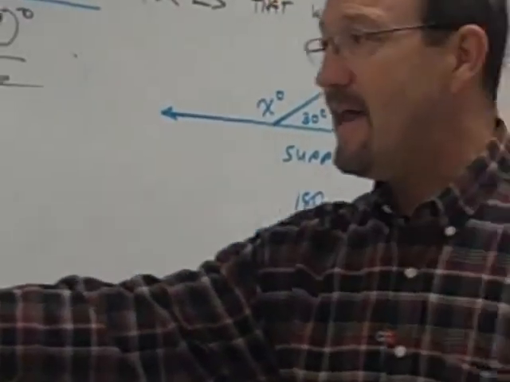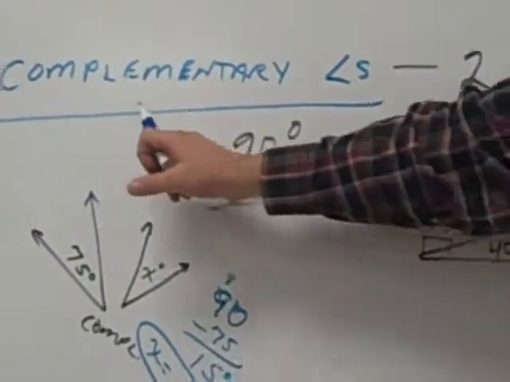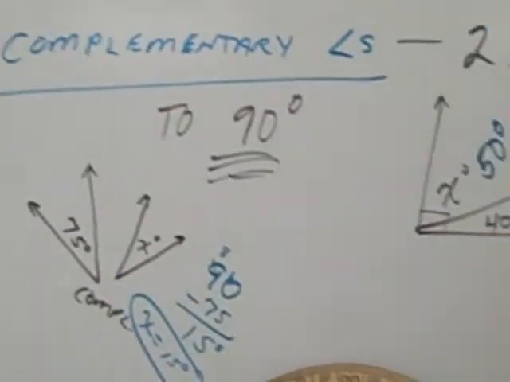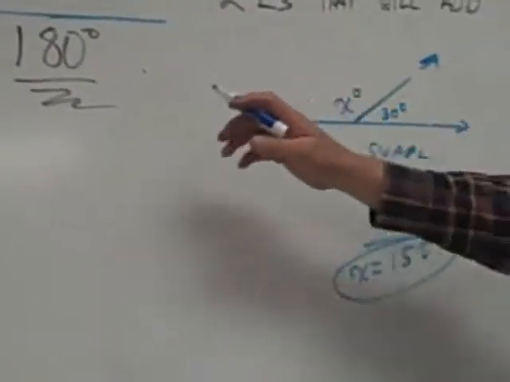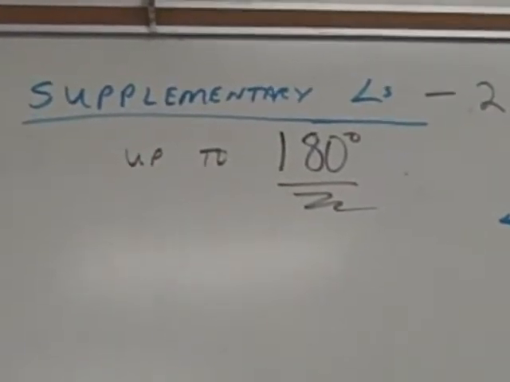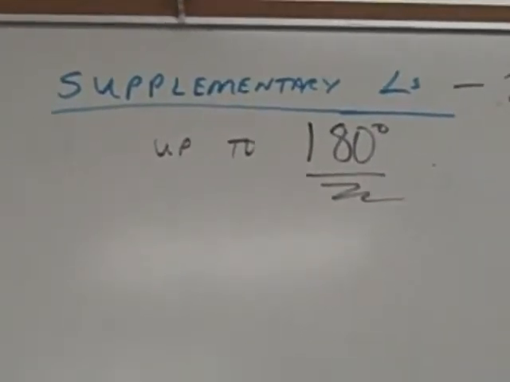We got some that add up to 90 because they're complementary, but if it ever says supplementary, they're supposed to add up to 180. Now again, they try to mess with us.